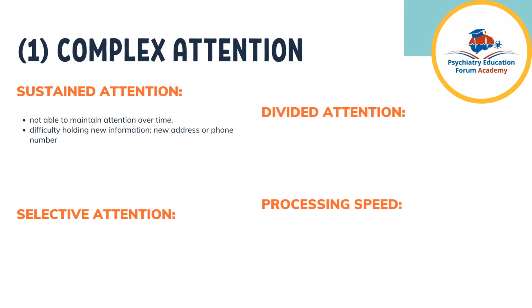They have difficulty holding new information, like the most recent one, like a new address or phone number given to them. And you will see this also goes in line with short-term memory impairment. So all these neurocognitive disorders somehow are connected with some other domains. So be mindful that there is no one clear example for a few of these things that we'll talk about.